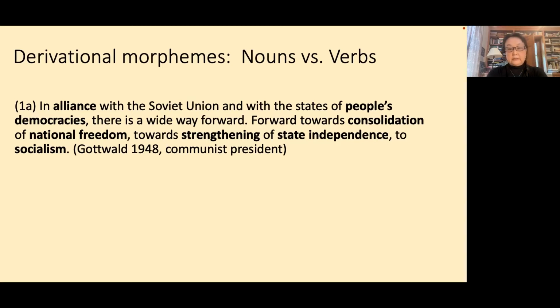You probably noticed that it's rife with nouns. It's a nouny text. This is an interesting feature, and I'm going to talk about it. It's pervasive in communist presidents' speeches in general.